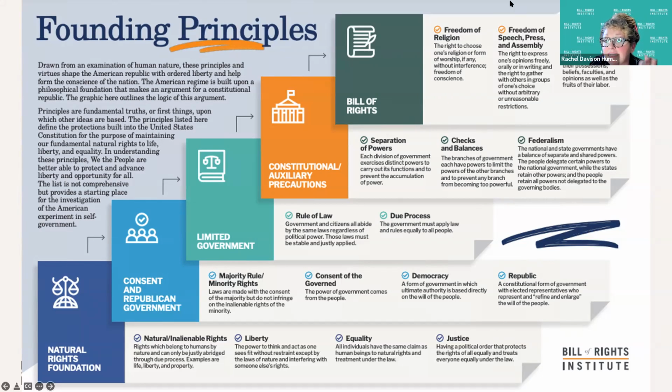So again, at the Bill of Rights Institute, we use that proposition that all men are created equal as the foundation of all other rights in the United States that we have and we explore. So we have these natural and inalienable rights to life, liberty, equality, and justice. They are the root of what we do.